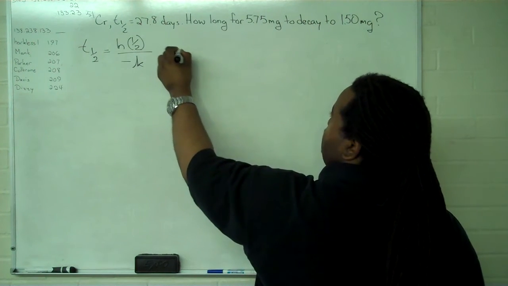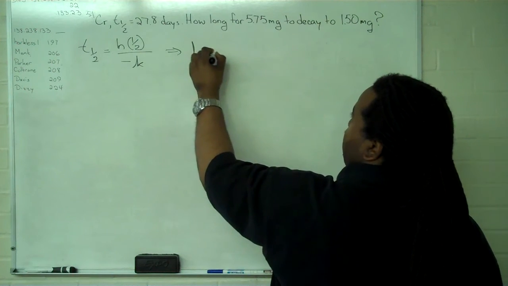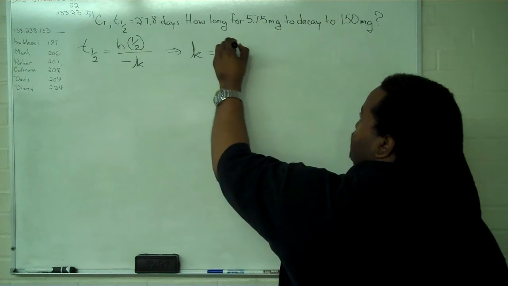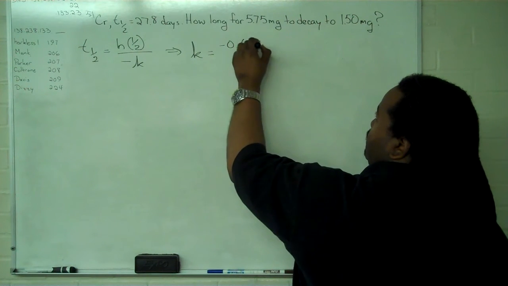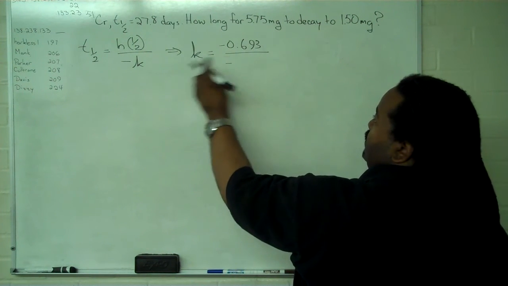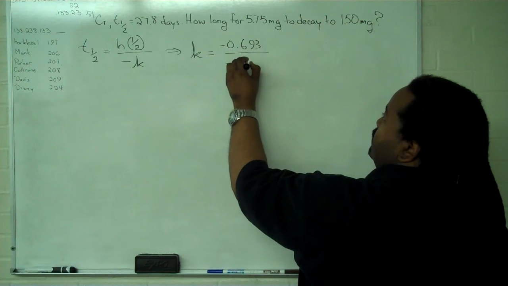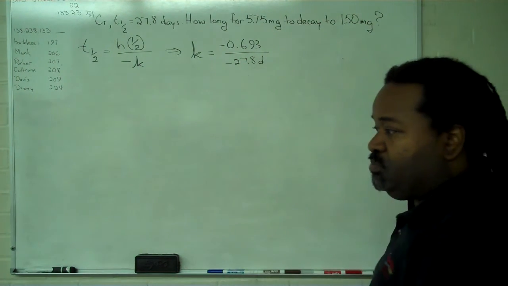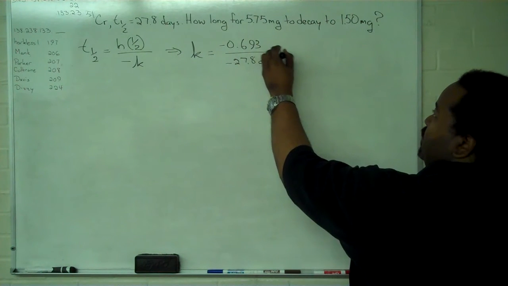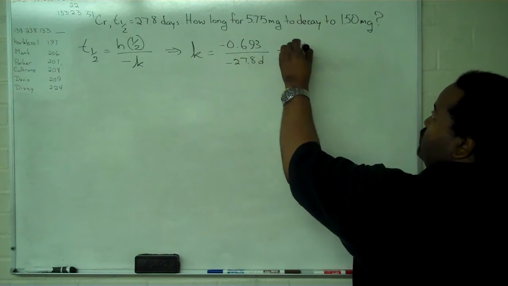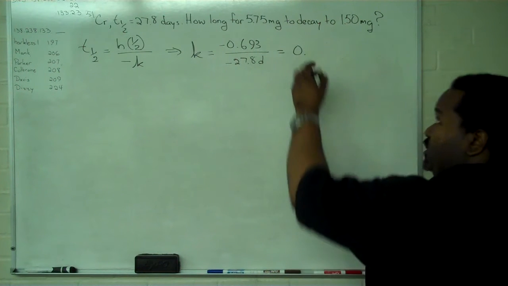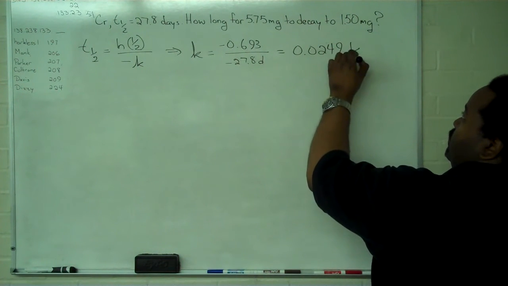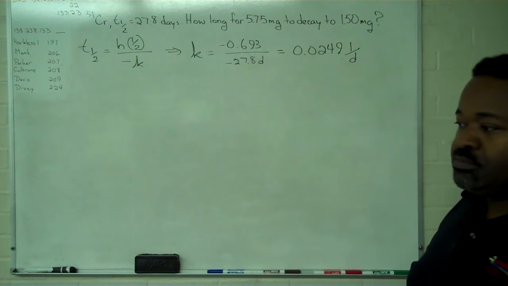So we rearrange this, and the rate constant k is equal to minus 0.693 divided by the negative of the half-life, 2.78 days. We can simplify this value, and we get k equal to positive 0.0249 with units of 1 over days.